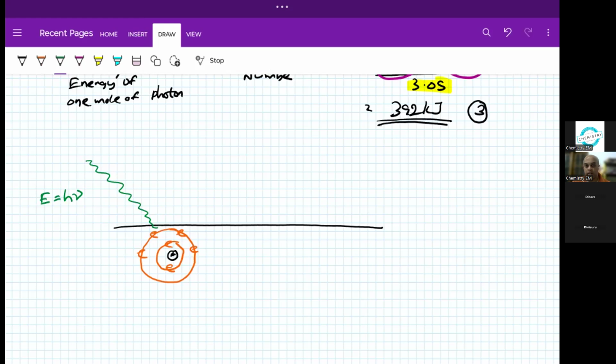Let's say if one electron gains a certain energy, and that energy is enough to overcome the attraction between the positive nucleus and itself, that means there are some attractions between these two. This attraction is also a force or an energy.